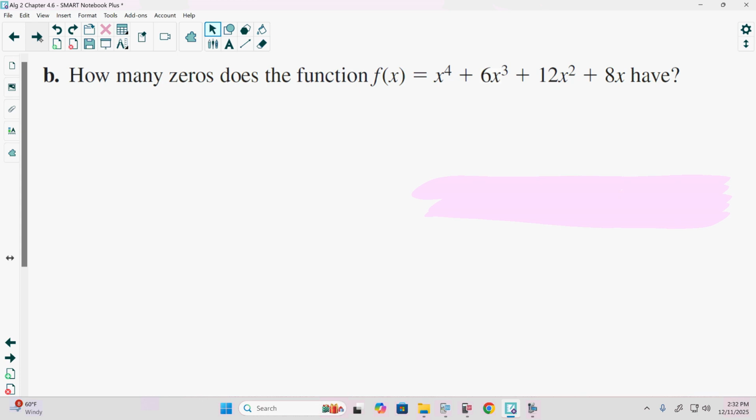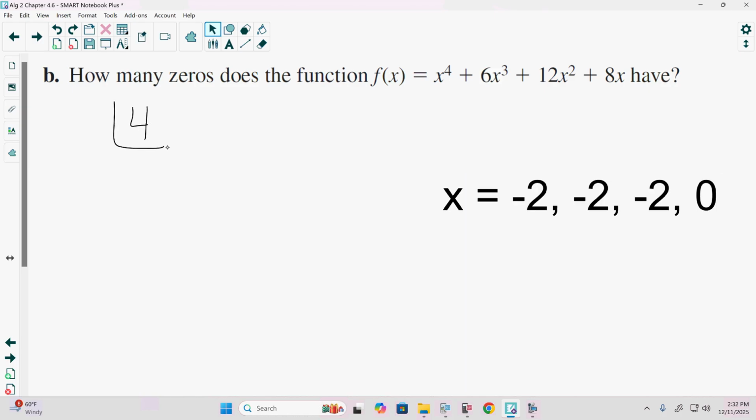How many zeros should this function have? What's the degree? So it should have that many. And if we found them, we didn't have to, it'd be negative 2, negative 2, negative 2, and 0. Questions on this here?